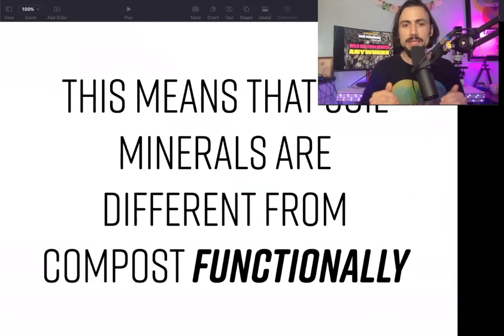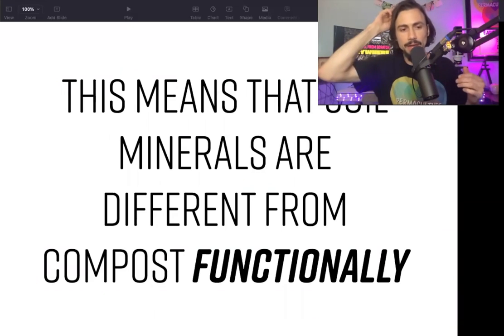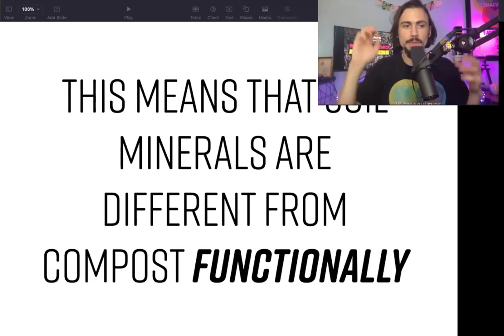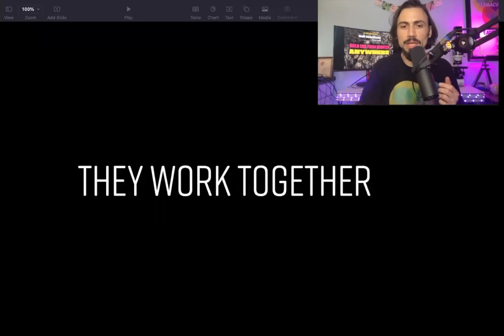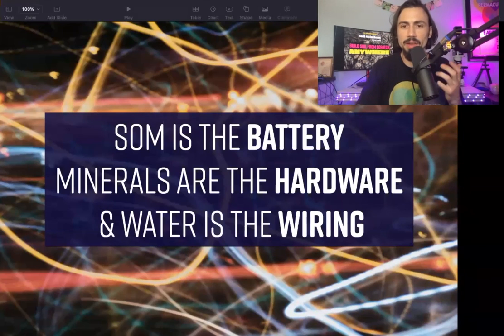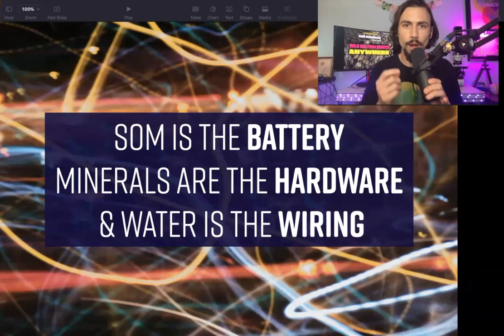But this also means that minerals are functionally different from compost. If the compost and the organic matter are more like the program and the minerals are more like the hardware, there must be something more to this, right? This is what I've realized recently, that they work together very particularly. Soil organic matter is the battery, minerals are the hardware, but water is the wiring.